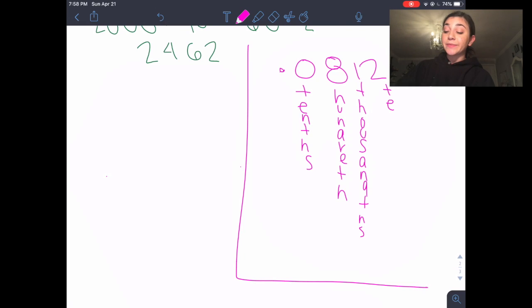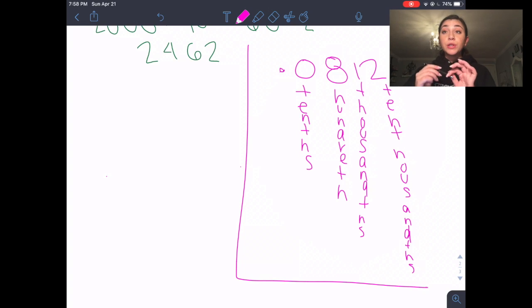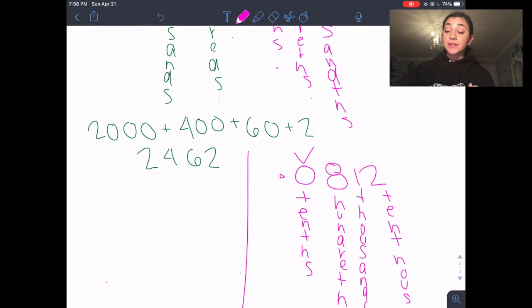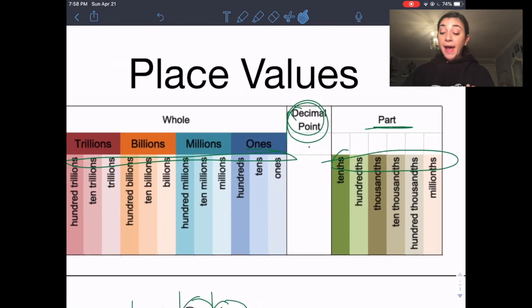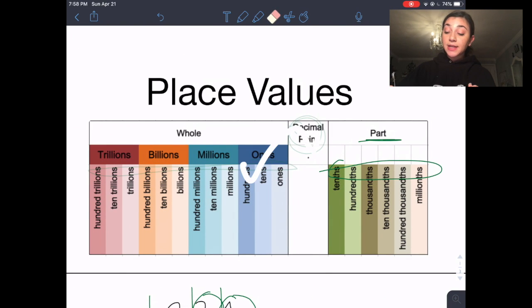And ten-thousandths. So you see that the zeros that are placed before the number after the decimal make the decimal place smaller. So that's how you figure out your place values. And you can always refer back to this chart at the beginning to help you out with that.